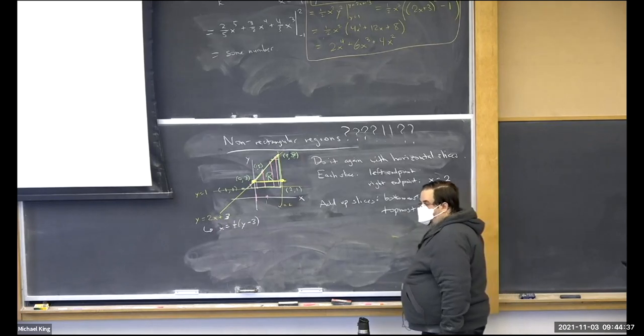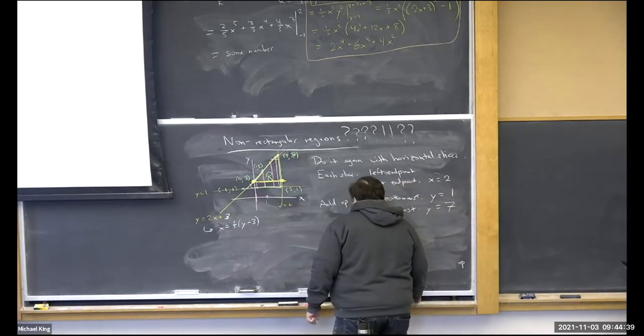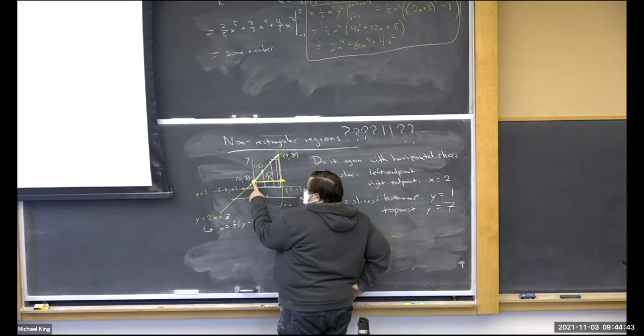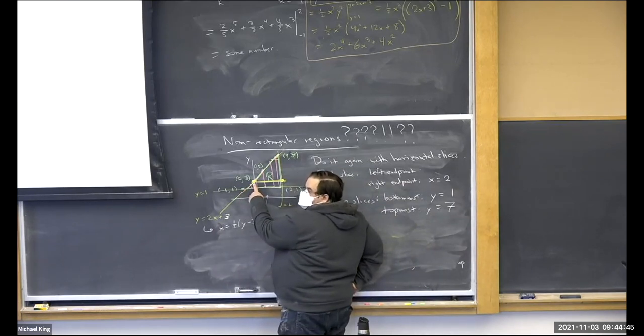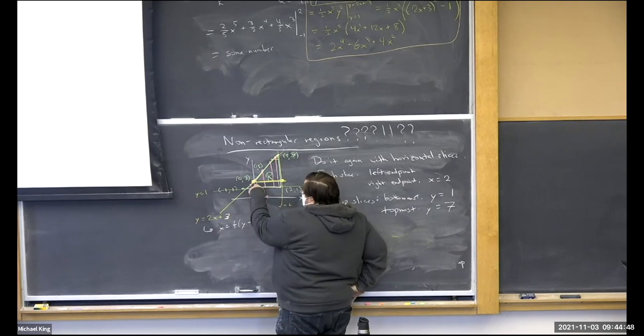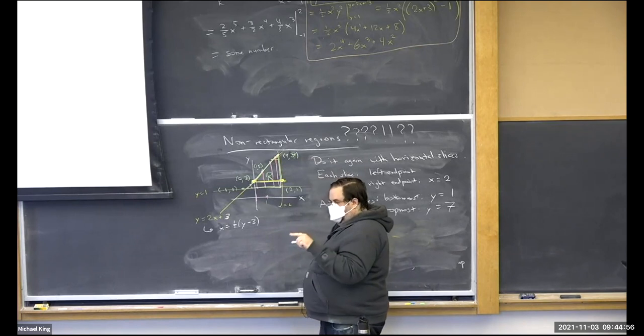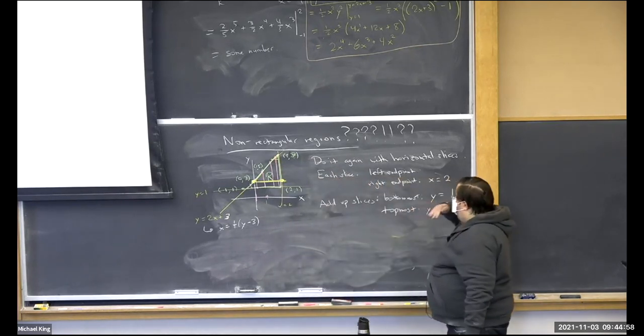Why is it a function? Well, on this slice the left endpoint is not -1, right? At this point the left endpoint is around here. If we took a slice up here, the left endpoint is a different x value. So the x value of the left endpoint changes depending on which slice we're looking at.